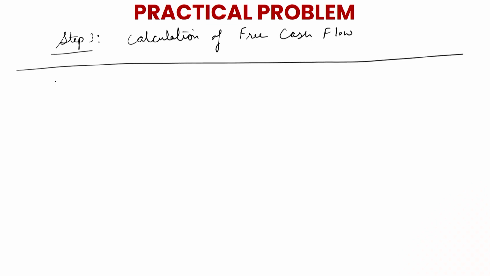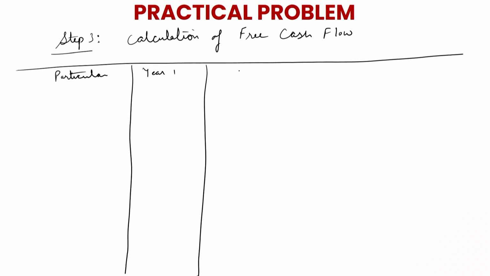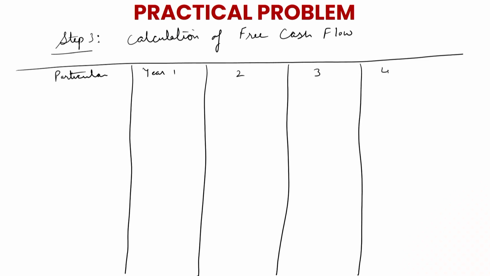Moving to next, step 3. Calculation of free cash flow. Particulars: year 1, year 2, year 3, year 4 and year 5.